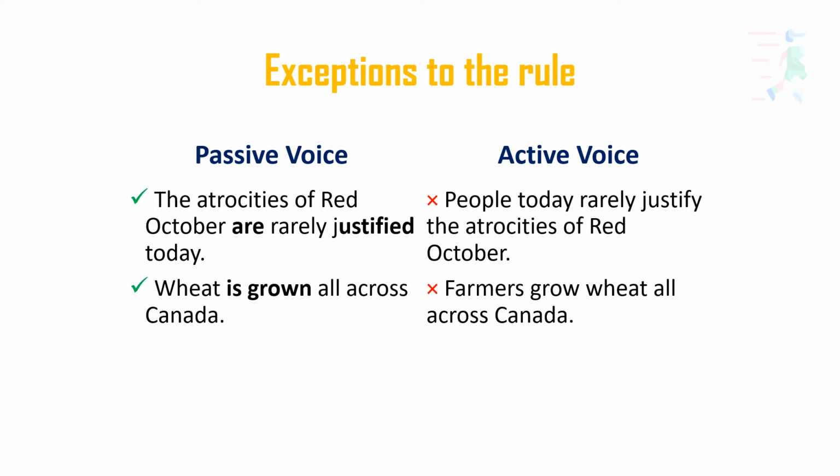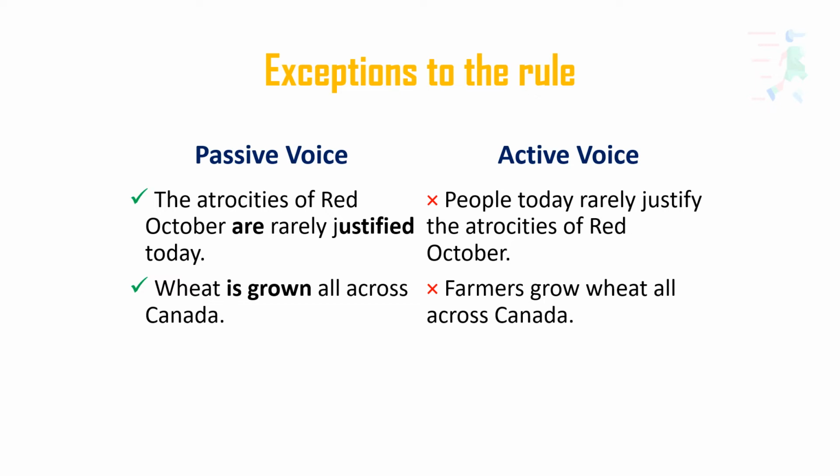The atrocities of Red October are rarely justified today. People today rarely justify the atrocities of Red October. Wheat is grown all across Canada. Farmers grow wheat all across Canada.